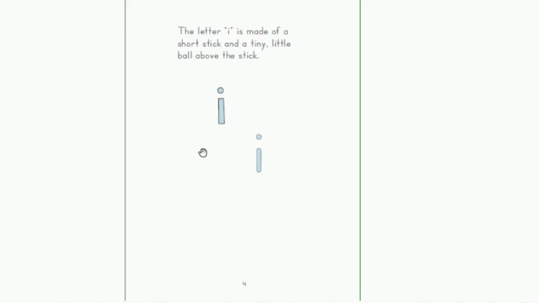Here also we have a stick and a ball, but the stick is tiny and the ball is above the stick. Can you see here? It has a small stick and a ball over it. This makes the letter I.